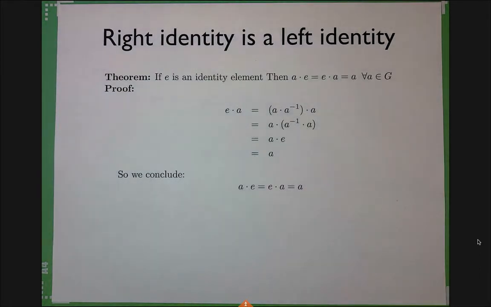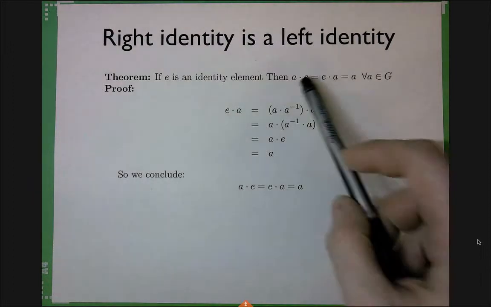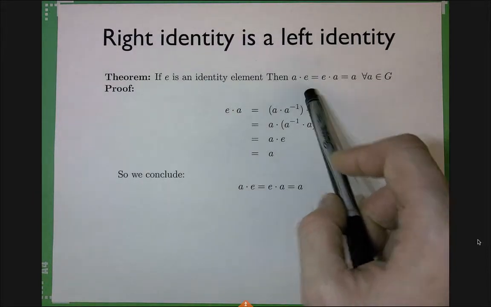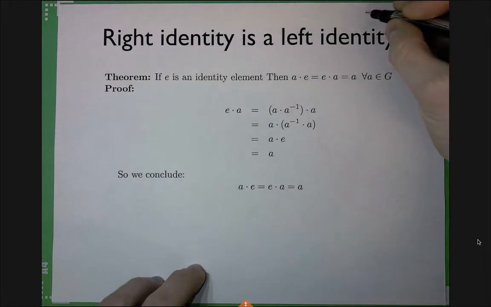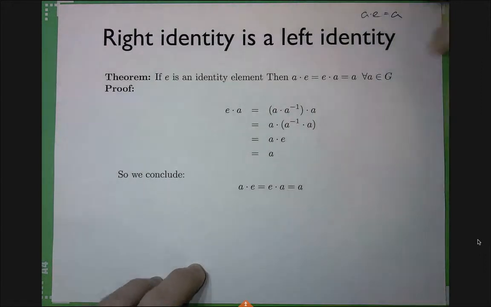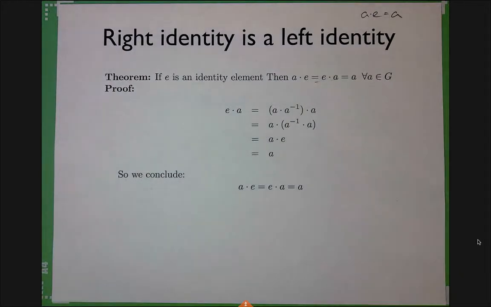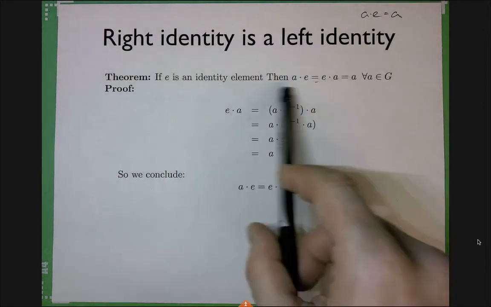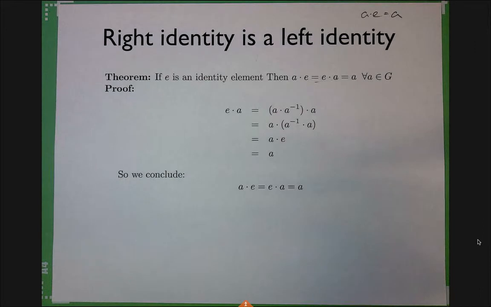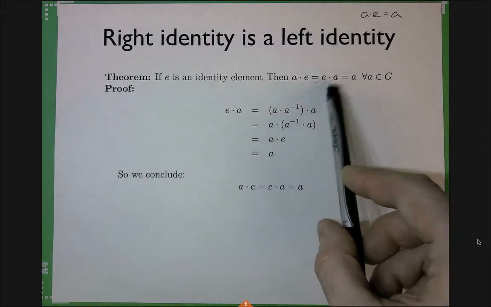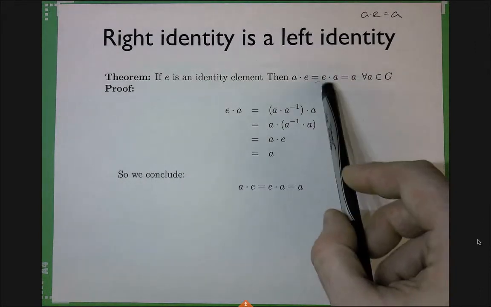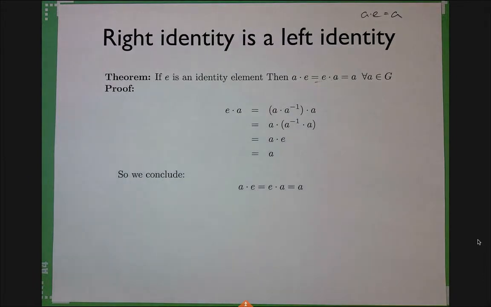In a similar way, we define the identity to have the property that A dot E equals A, but we so far don't know what happens if we multiply from the other side, because it can be in general non-commutative. And here is a proof that from the very axioms of the group we can derive that this is also going to be A. So the left multiplication with the identity is the same as right multiplication with the identity.